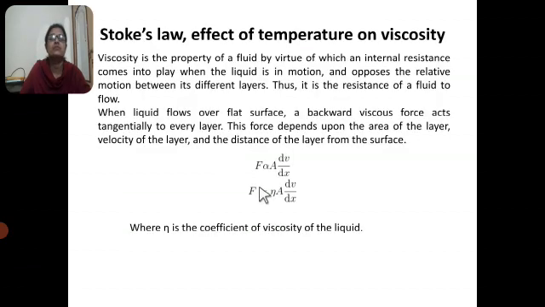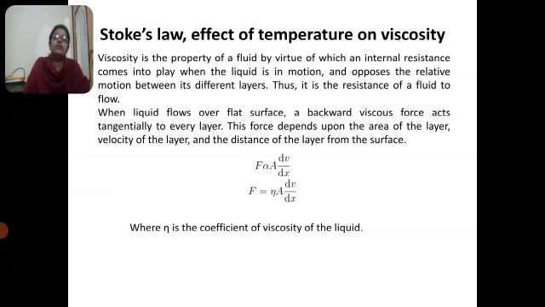Now we discuss Stokes' law and also the effect of temperature on viscosity. Viscosity is the property of a fluid by virtue of which an internal resistance comes into play when the liquid is in motion and opposes the relative motion between its different layers. Thus, it is the resistance of a fluid to flow.